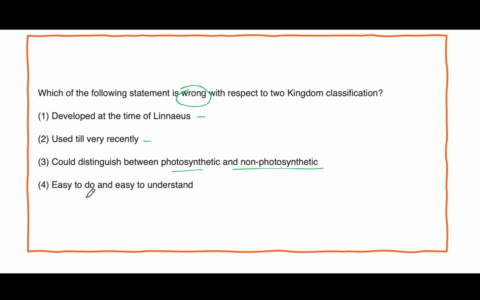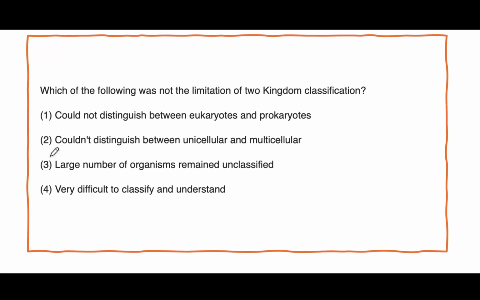And the last one is easy to do and easy to understand, obviously. Linnaeus' classification system was easy to understand, yes or no? Plants and animals. So again, this is correct for Linnaeus' classification system. Used till recently, definitely developed at the time of Linnaeus. But what they are asking is what is wrong with respect to two kingdom classification. So obviously the correct answer is the third one.